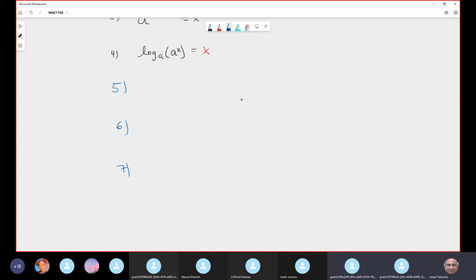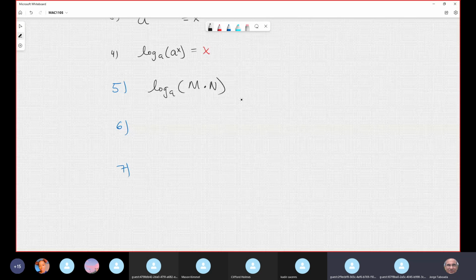What's the idea? The idea is the logarithm of any base of the multiplication of two expressions. Suppose that m and n are two expressions. We can expand into a logarithm addition.